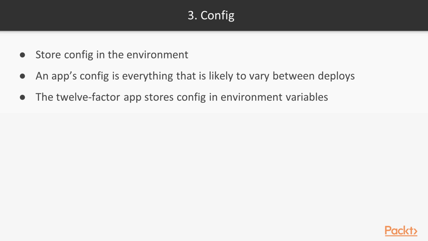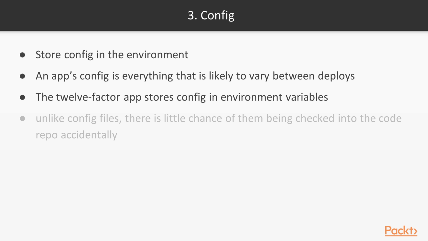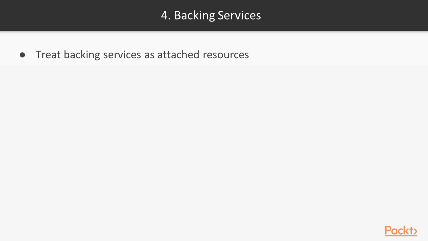Variables are easy to change between deploys without changing any code. Unlike config files, there is little chance of them being checked into the code repo accidentally. And unlike custom config files or other config mechanisms, such as Java properties, they are language and system agnostic.